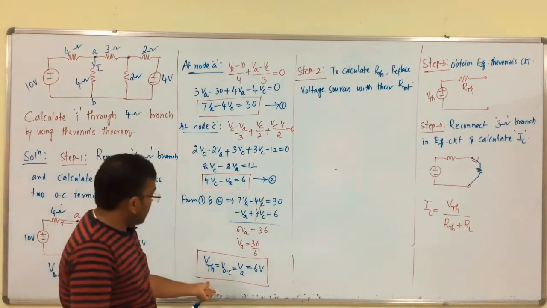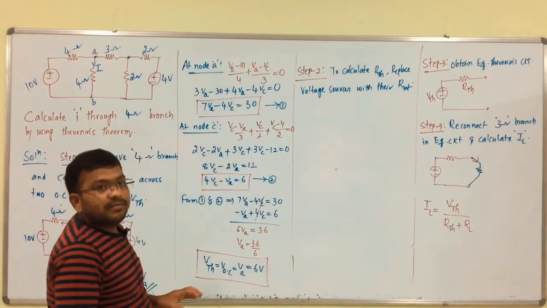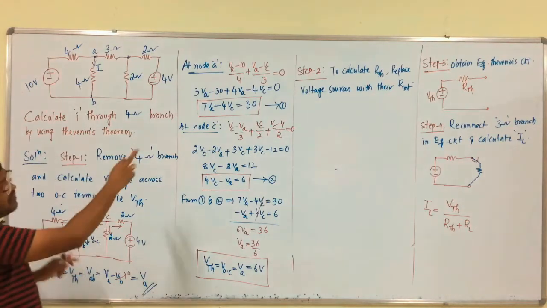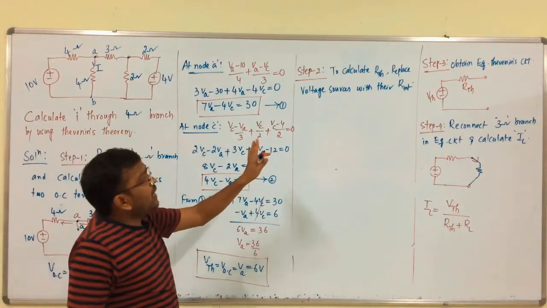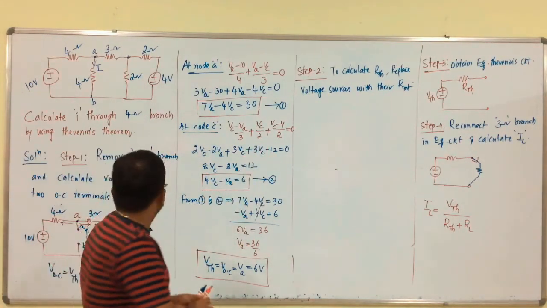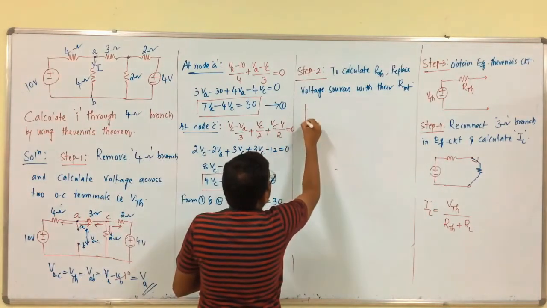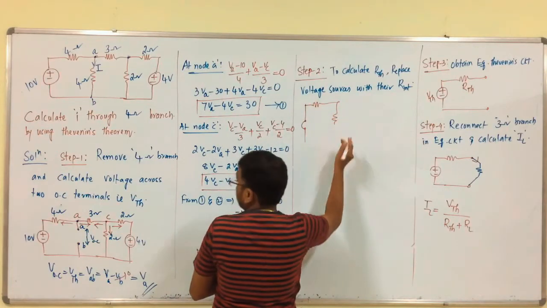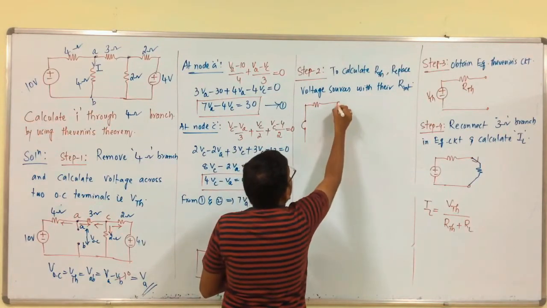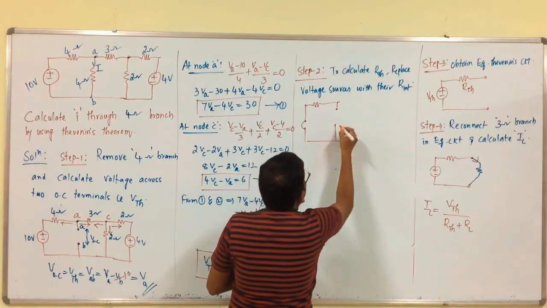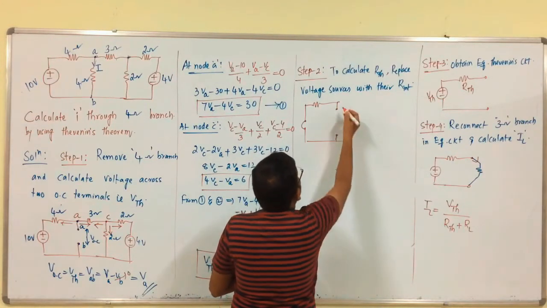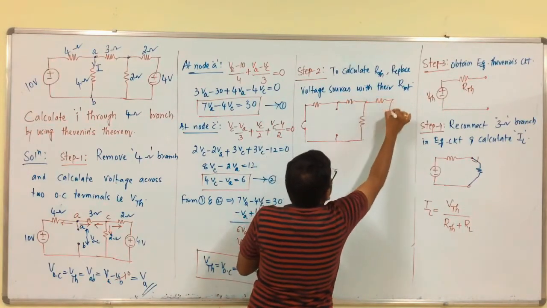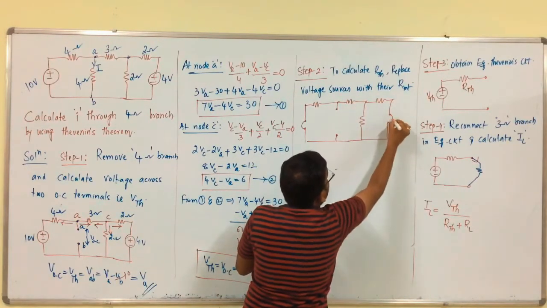Next, it is time for calculation of Thevenin's resistance. To calculate RTH, replace the voltage sources with their internal resistances. Then the circuit becomes: the 4 ohm branch open circuited, the 3 ohm branch, a 2 ohm branch, and another 2 ohm branch short circuited.